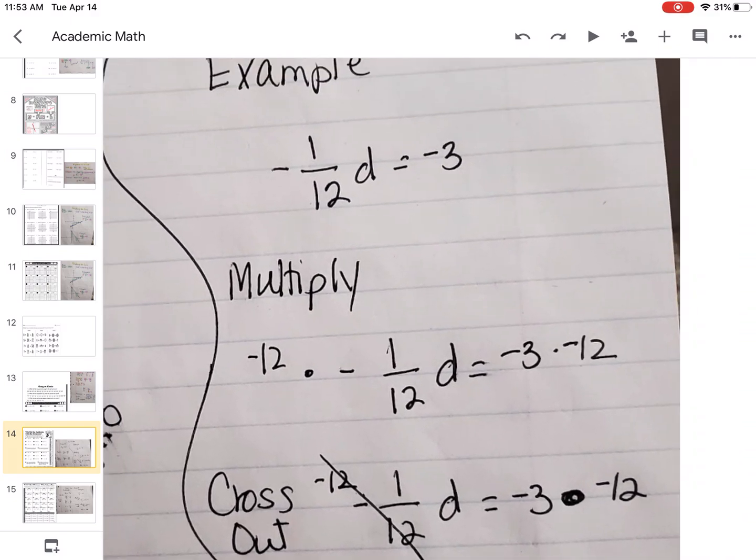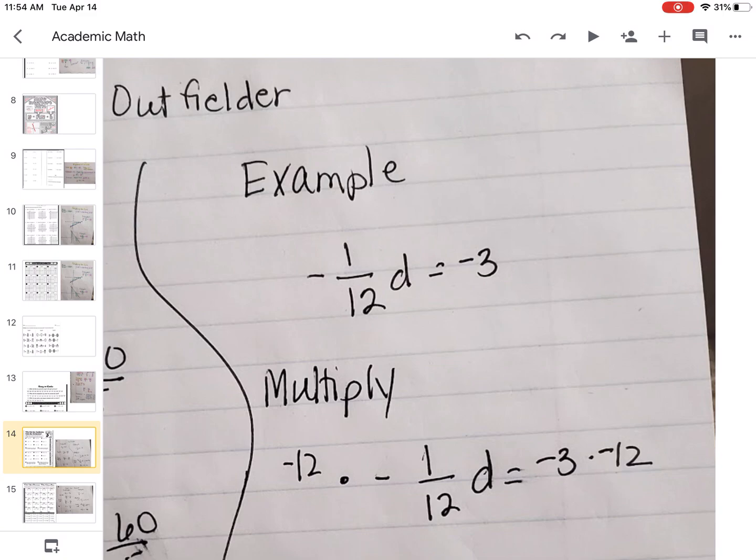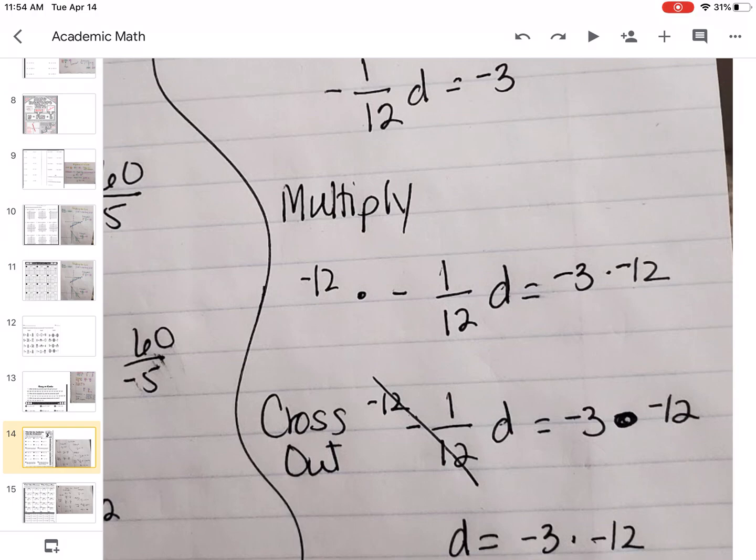Now what about this problem? -1/12d equals -3. I want to get rid of that 12. Once I get rid of that 12, this is no longer a difficult problem, but the 12 is making it seem difficult. To get rid of it, I see that the 12 is on the bottom. When it's on the bottom, I'm going to put a 12 on the top.